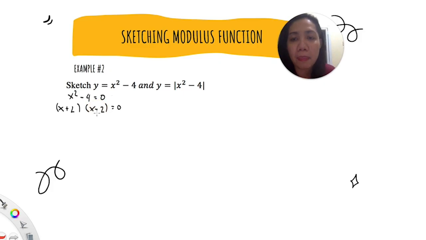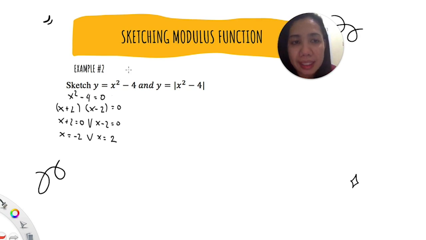If we multiply this, then we have x squared minus 4. Now we have x plus 2 equals 0 or x minus 2 equals 0, then we'll have x equals minus 2 or x equals 2.